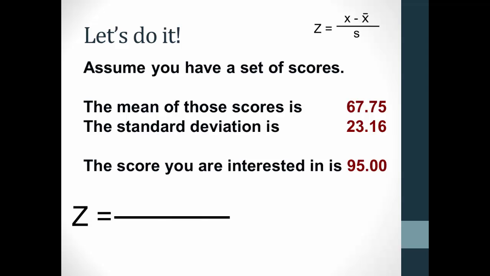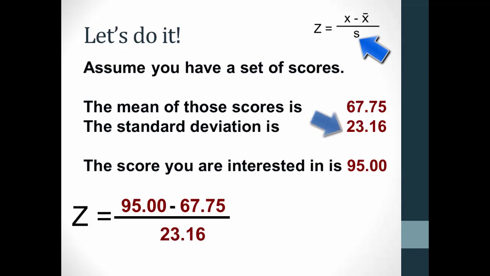The score you're interested in, x, is 95. Subtract the mean from that, which is 67.75. Now hold for a moment. Notice that the score of 95 is greater than or exceeds the mean of 67.75. That tells us that once we finish calculating the z-score, we should have a positive number.